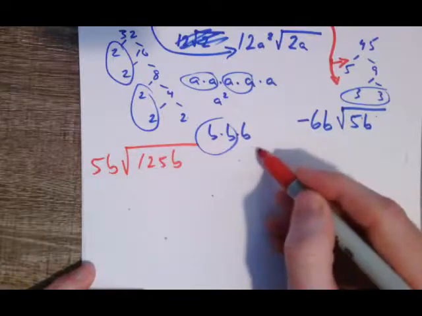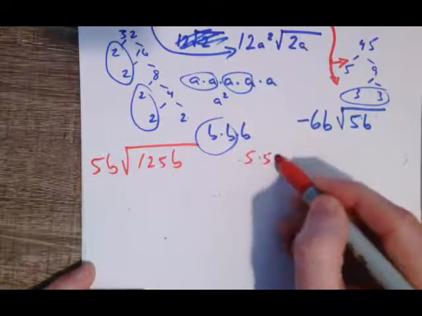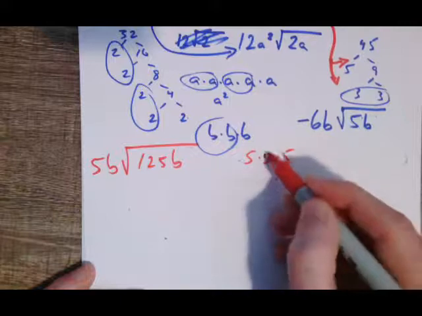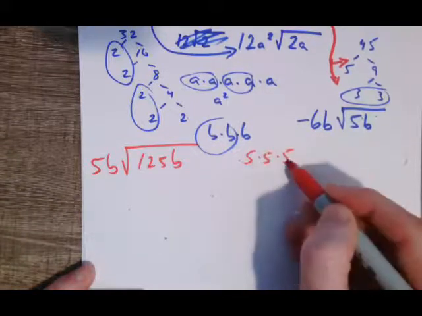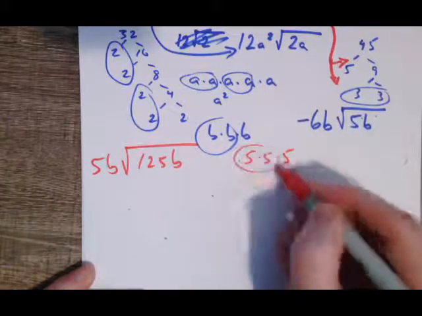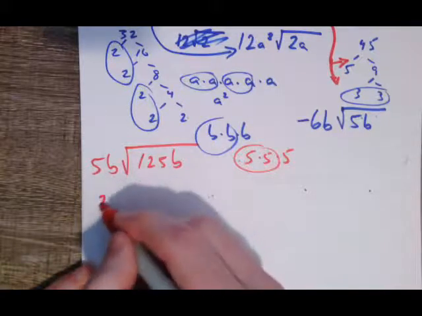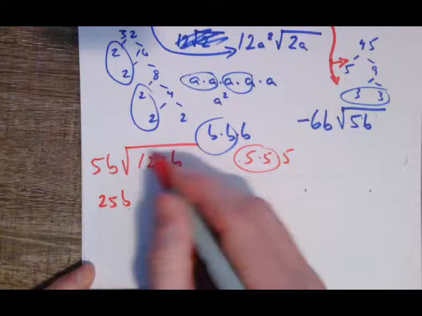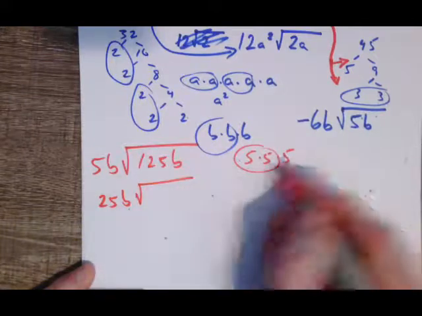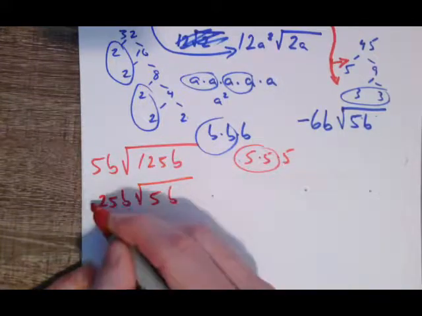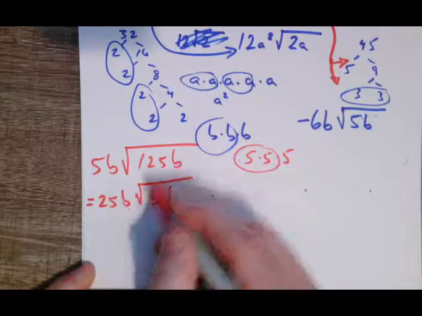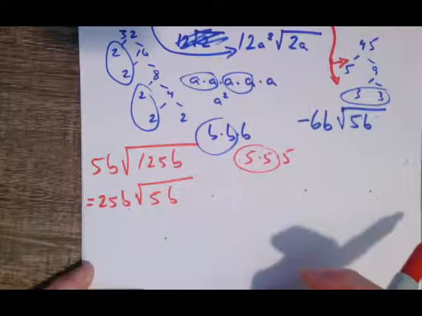Remember? 5 times 5 times 5 is 125. 5 times 5 is 25. 5 of those, 5 quarters, $1.25. So we take out a 5. So that 5 multiplies that 5, so that's 25b. Nothing changes with the b's. 1 5 stays in. This is equal to this. These things equal each other.